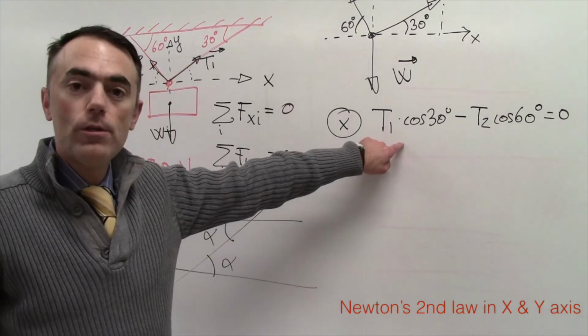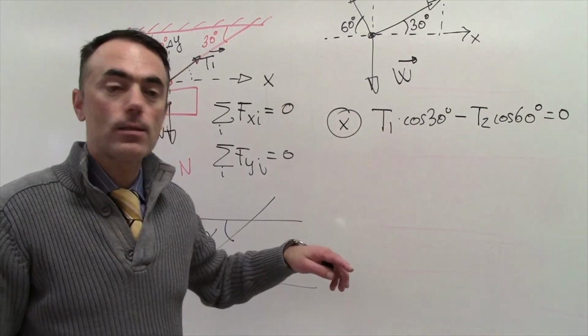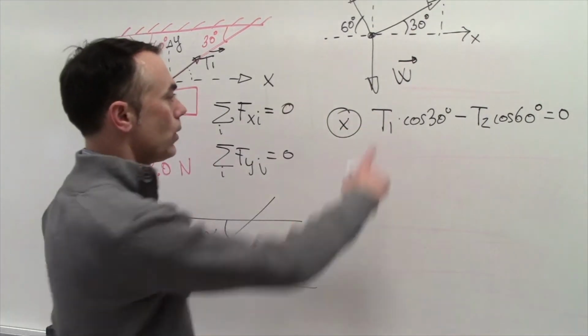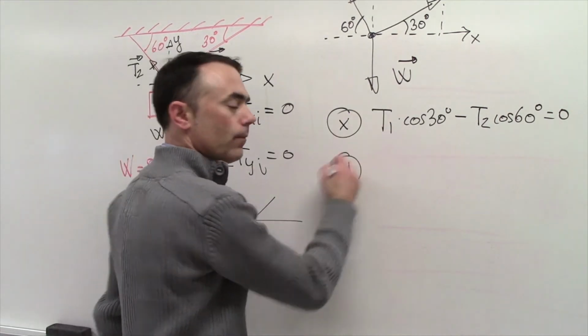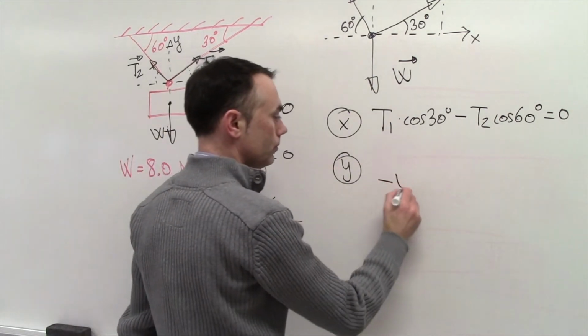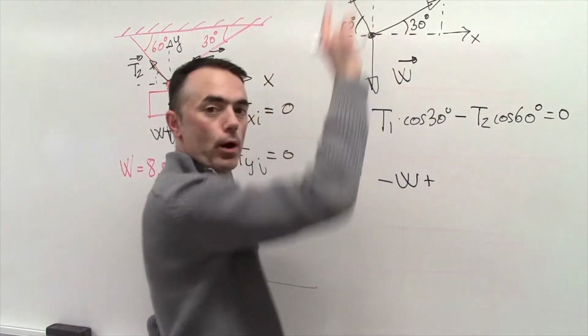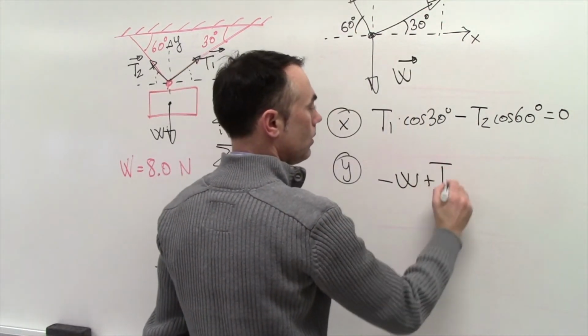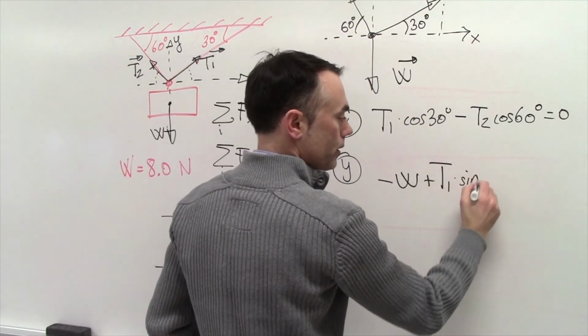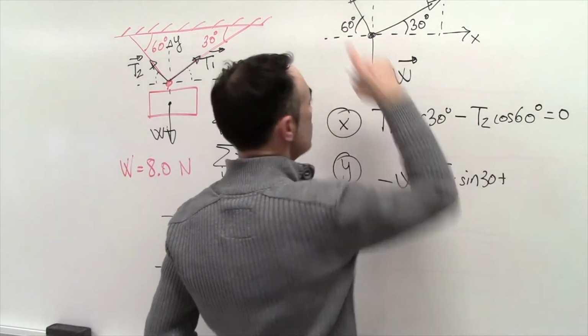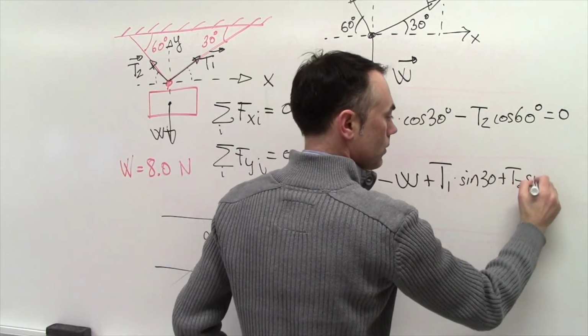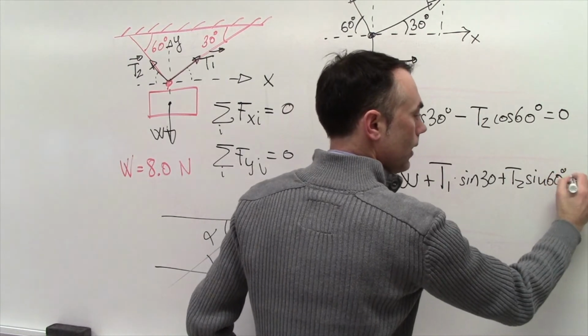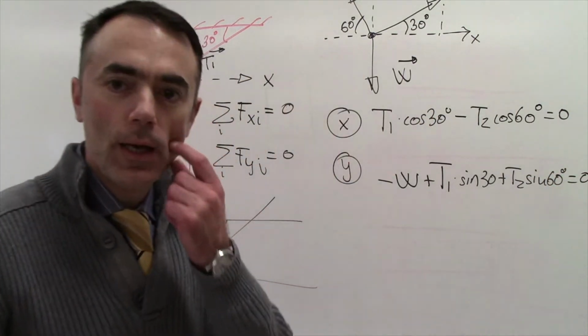So that is just Newton's second law applied in the x-axis. Let's talk about the y-axis. We have negative W, and these two are positive, so we have T1 times sine of 30 plus T2 sine of 60. And that, again, has to be equal to 0.